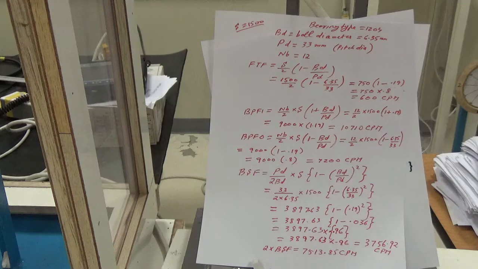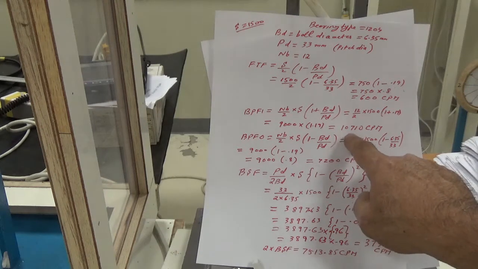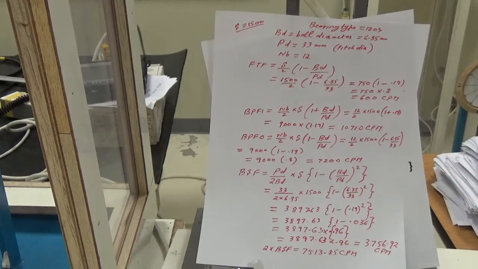So number of balls divided by 2. Here again I have calculated, and the answer coming is 10710 cycles per minute.